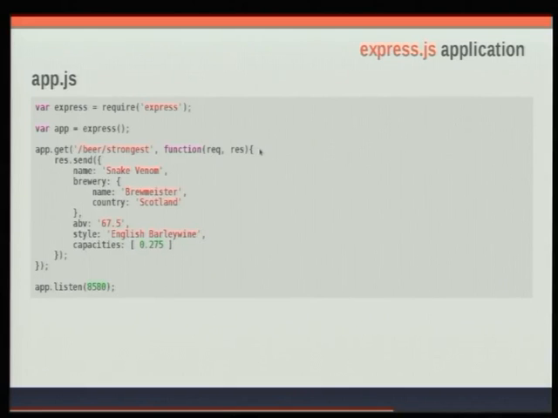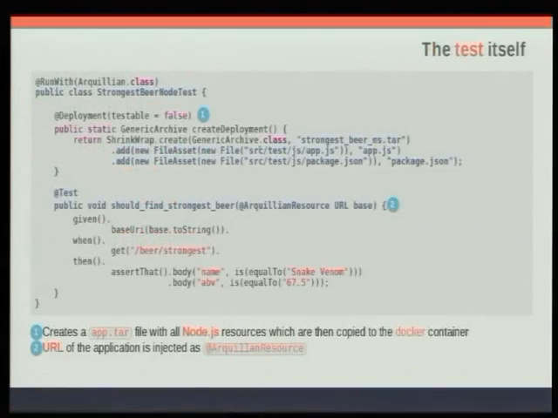This is our JavaScript application. It just has a simple REST API, not too fancy. And then in the same fashion, we have the deployment method, but in this case, we're actually deploying the Docker definition instead of a Java application deployment to an app server.